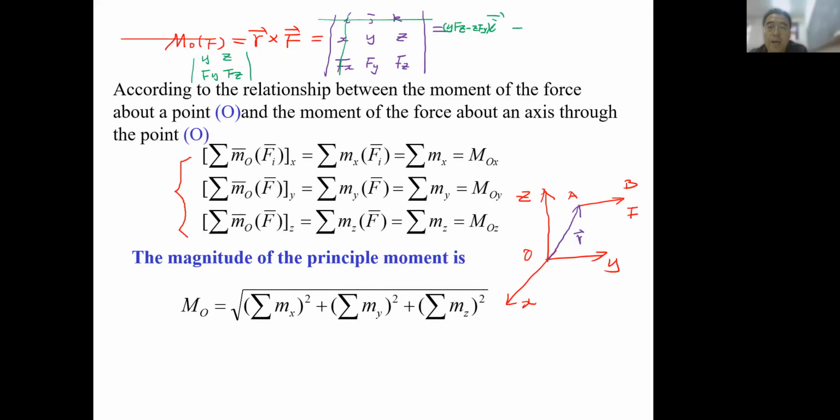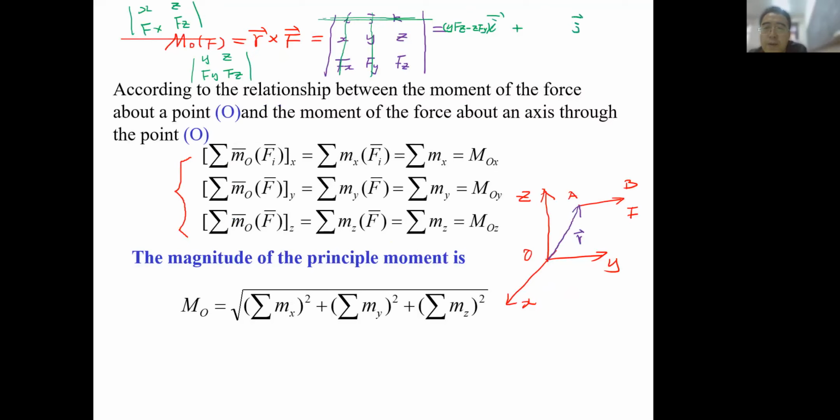Once again, to find the y component of M_O(F), we cut the first row again, and this time we cut the middle column. Then we have this sub-determinant: x, z, Fx, Fz. The slightly difficult part is the middle one, along the y-axis.